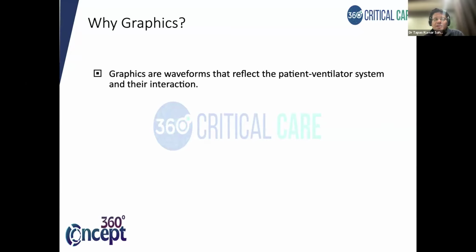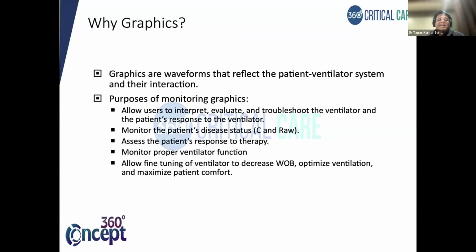So if the examiner asks you why we need ventilator graphics to analyze, interpret and troubleshoot our patient's hemodynamics and also ventilatory requirement, we need to be very thorough that the purpose of monitoring the graphics is to allow the users to, number one, evaluate and troubleshoot the ventilator and the patient's response to the ventilator. It's not only the ventilator, but how the patient is behaving to the ventilator, and to monitor the patient's disease status.